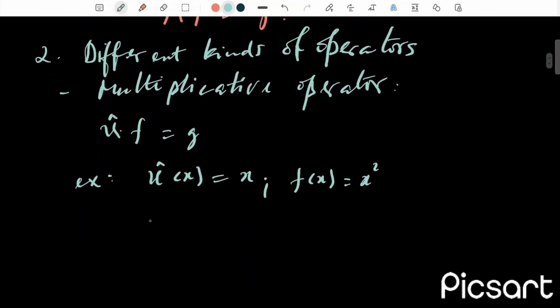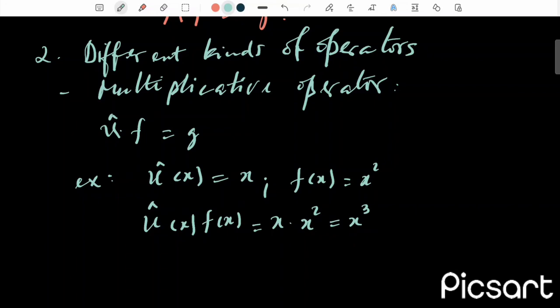Then when we apply the operator u of x to the function f, we get x times x to the power 2, which is equal to x cubed. Okay, then we have u as a multiplicative operator.